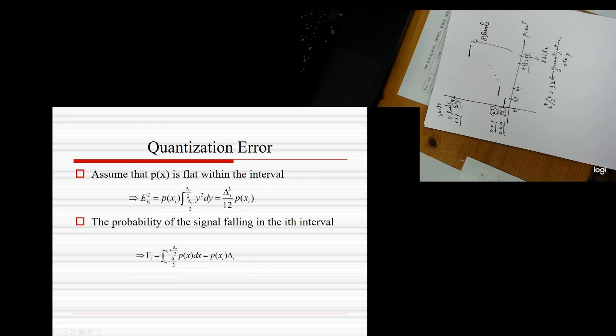We have many E i, so you sum them and it becomes the total mean square error.